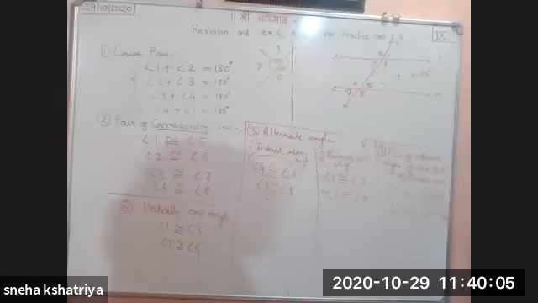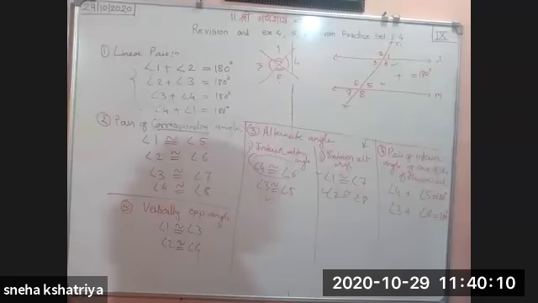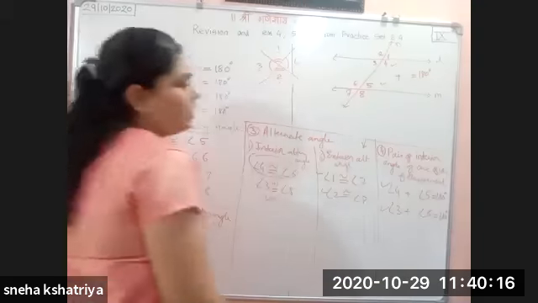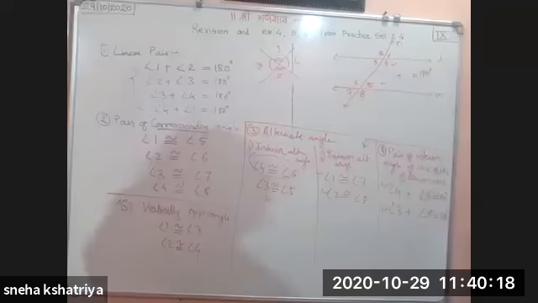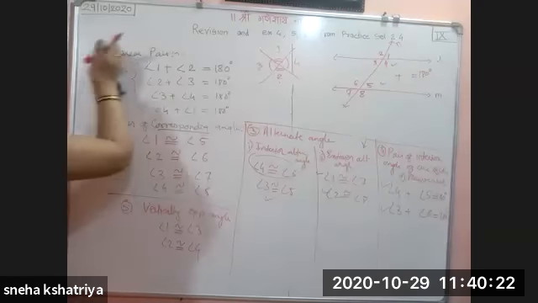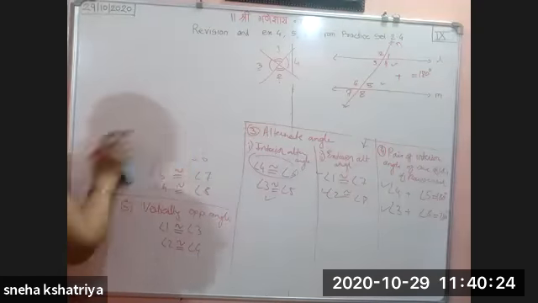Okay. When one pair of interior angles on one side of the transversal is supplementary, then the other pair of interior angles is also supplementary. If one pair is supplementary, then the other pair is also supplementary. So there is no change in it. Okay. So this was the basic information about parallel lines.